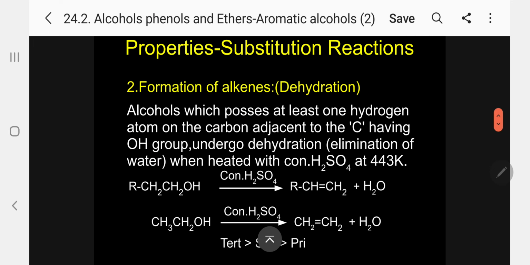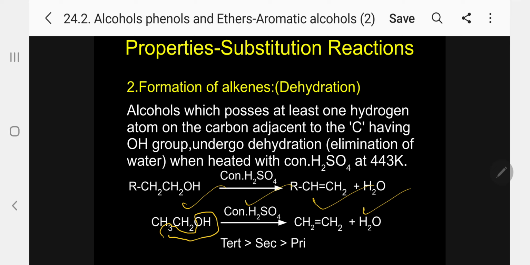Kindly follow. Ethyl alcohol, when you treat with concentrated sulfuric acid, as usual, hydrogen from the neighboring carbon atom and OH are removed. So ethylene and water are produced. So depending upon the nature, any alkene you can prepare by the dehydration reaction.